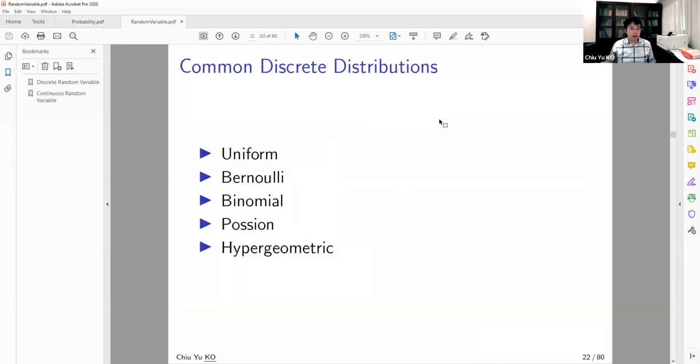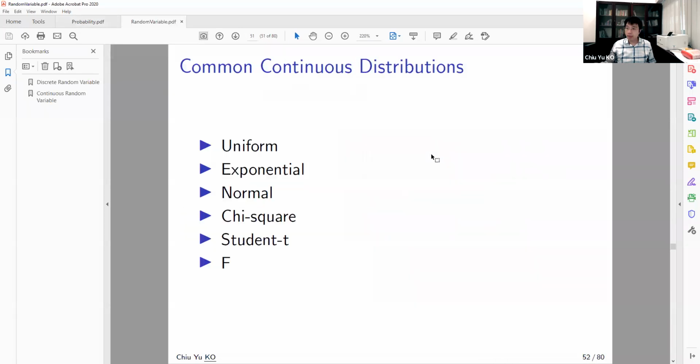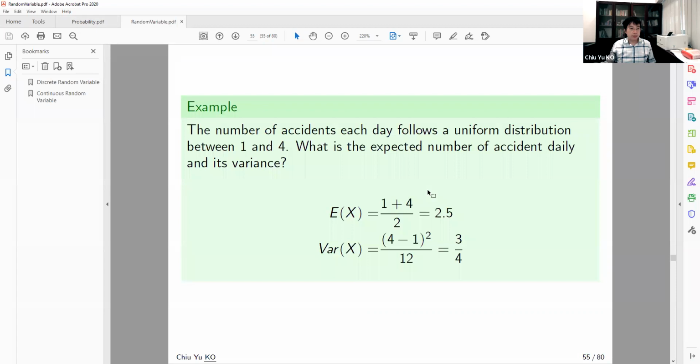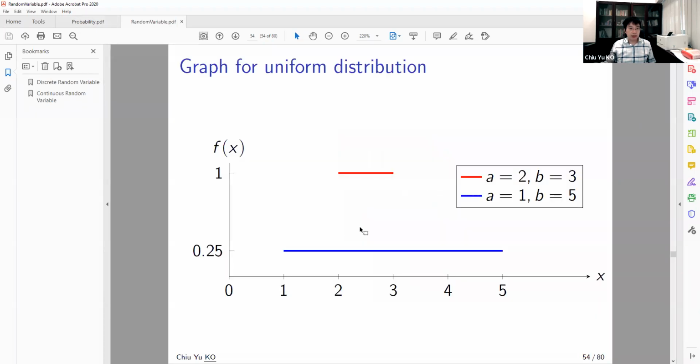And the uniform here. Oh, just the attendance for the quiz. So the height is given by that. Okay, so I hope it's okay by now.